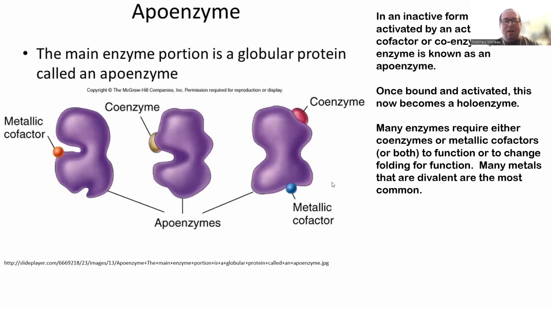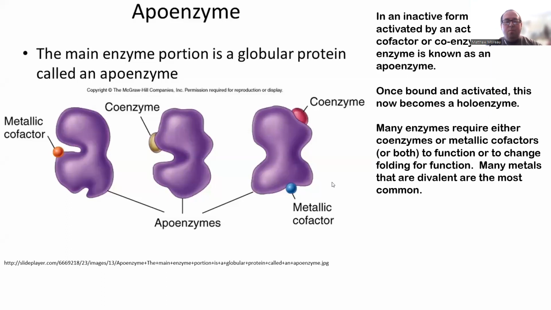So enzymes typically exist in one of two forms. When they form their globular structure, they can either come off the ribosome and fold through their four levels of folding and be an active enzyme, and those are called holoenzymes or complete enzymes. And then there are those that are called apoenzymes, and these are enzymes that are created, they go through their four stages of folding, and they are not active.